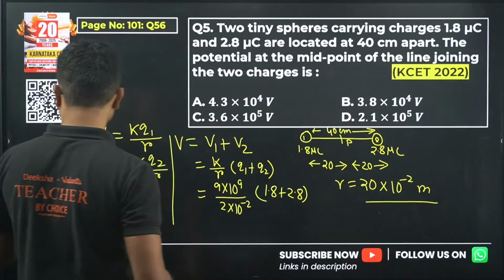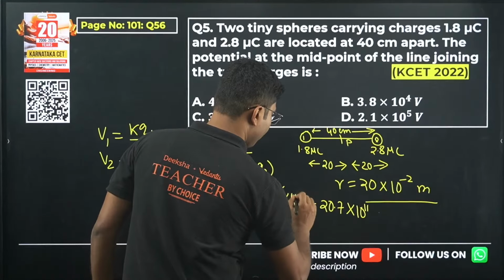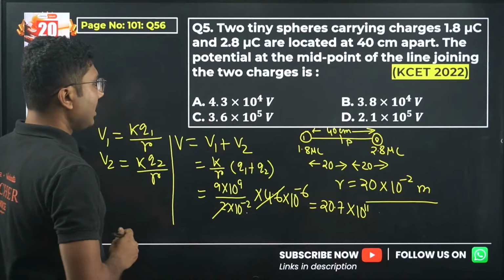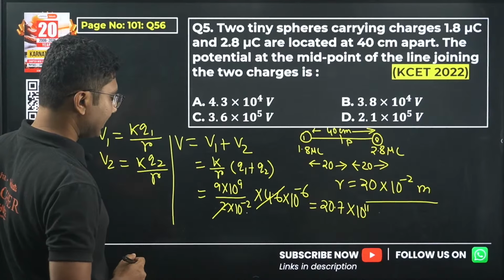Charges are given in microcoulomb, so that also has to be included. So that means it will be 10 to the power of minus 6. Okay, 10 to the power of minus 6.